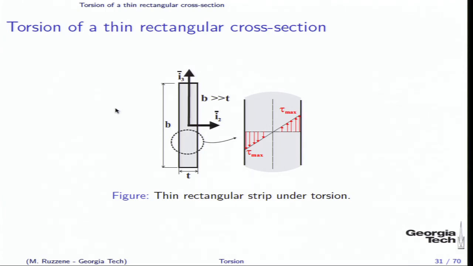So I will just substitute phi here in this expression: integration over the area G kappa 1 times x2 squared minus t squared over 4 dA.